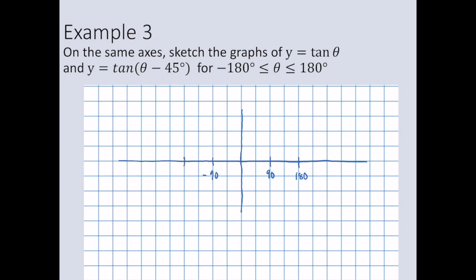There's our minus 180. So tan, as you will remember, has got asymptotes at minus 90 and 90, so it gives us this kind of a shape. We can carry that on. There we go, there's our tan graph.